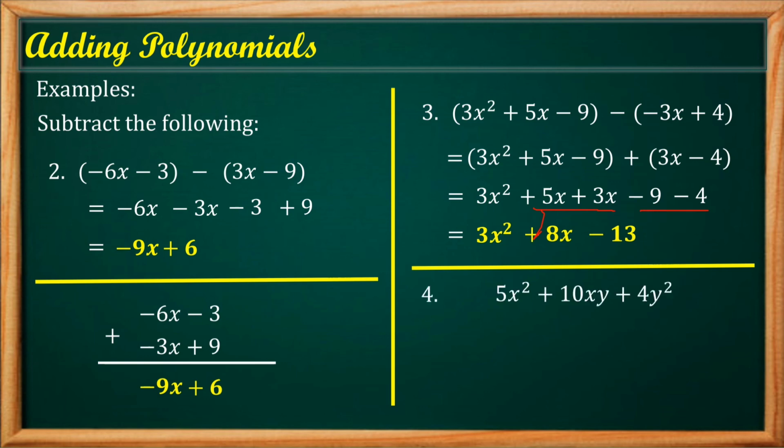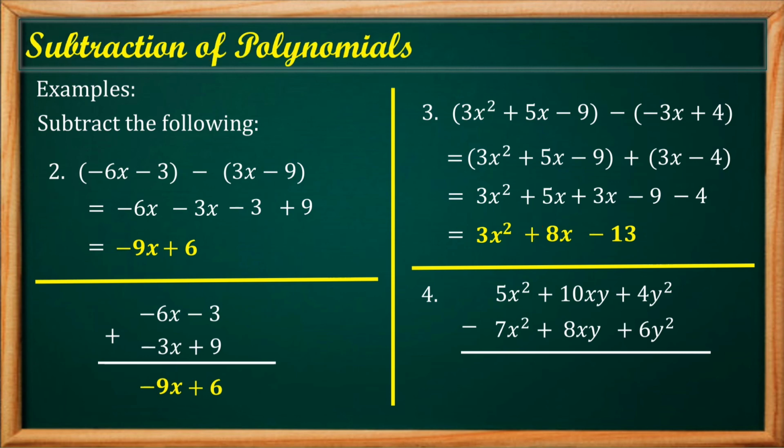Next example, okay, copy first our minuend minus our subtrahend. Next is change the sign of the subtrahend. Okay, change the sign of the subtrahend. Example, we have here our given. The first one, as you observe, it is a positive 6xy.